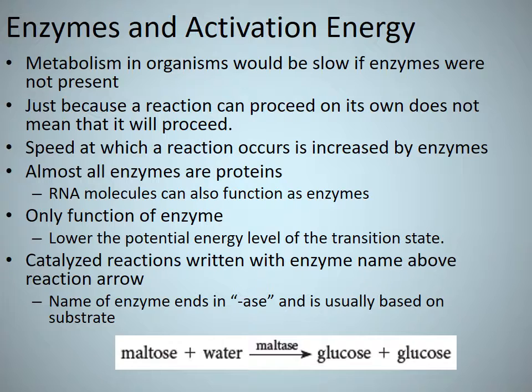Again, the name of an enzyme ends in ase. So whenever you see ase at the end of anything, it usually means that this is an enzyme. The example here is maltase. Maltase is the enzyme used to break down maltose into its parts, glucose and glucose. So we're seeing the breakdown of a disaccharide here into its two monosaccharide components.